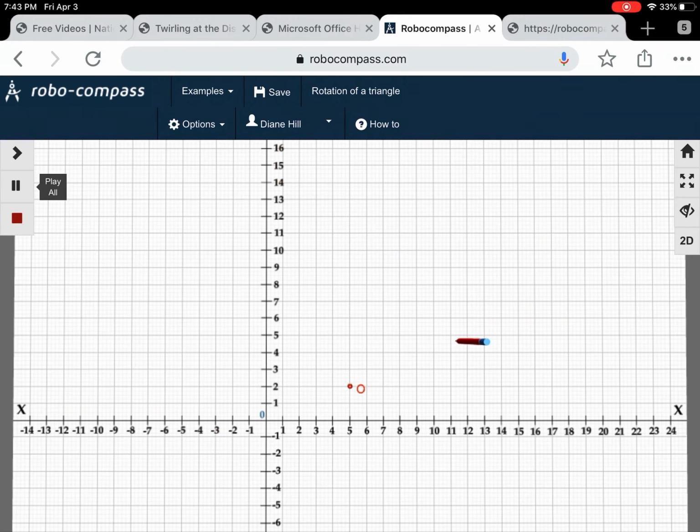So my center is at O, and then I'm going to make a triangle. And then what I want to do is rotate this 60 degrees.